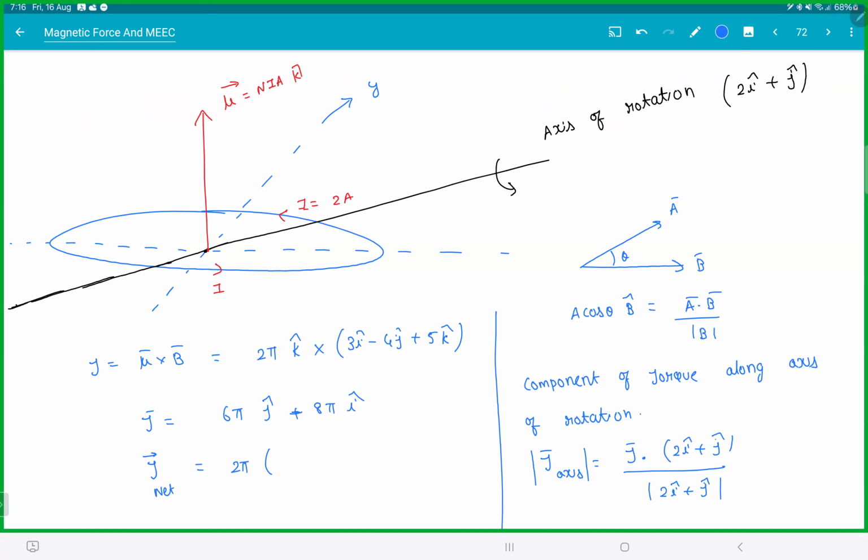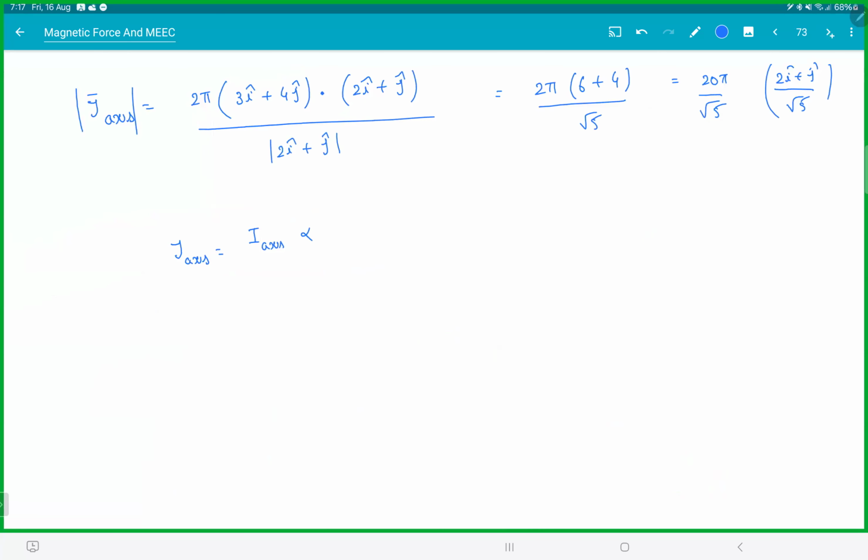I felt something was weird. This would be 8 plus 3, 11. So 22 pi by root 5. This much is there. What is I?